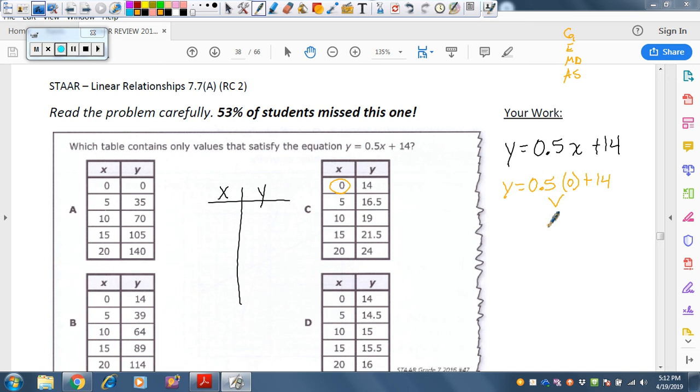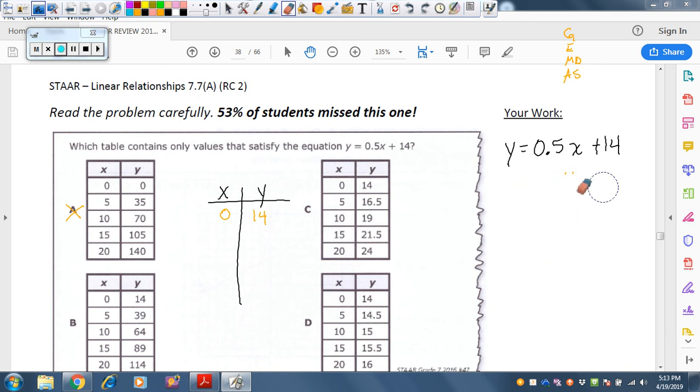So we're going to multiply first. 0, and 0 plus 14 equals 14. So if x is 0, y is 14. Yeah, A's wrong. Get rid of it.